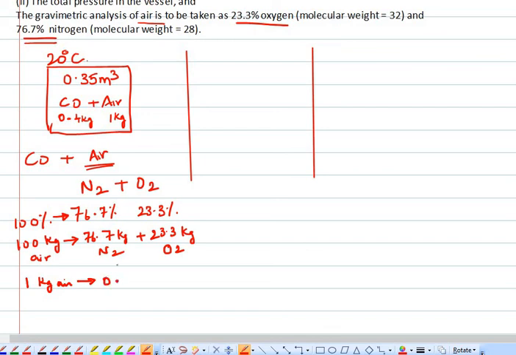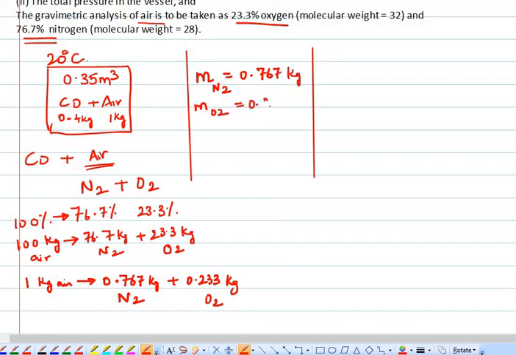So we will be having 0.767 kg nitrogen and 0.233 kg oxygen. So the mass of nitrogen is 0.767 kg and that of oxygen is 0.233 kg. So if you add this, I will be getting the mass of air, that is equal to 1 kg.